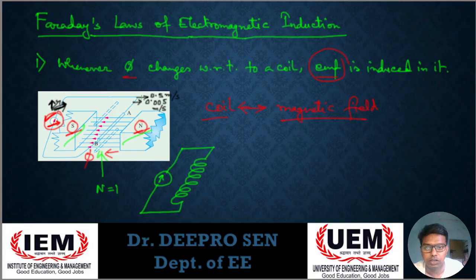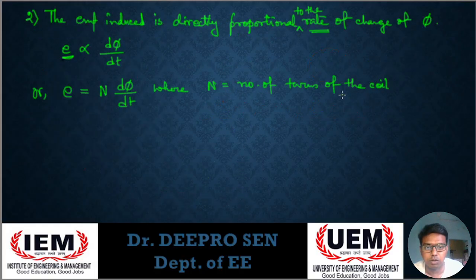That means I'm talking about this part. See, 1, 2, 3, 4, 5, 6, 7. So N is equal to 7 in this case. N is the number of turns of the coil. So based on the number of turns, it becomes the constant of proportionality. So this is the main equation of Faraday's laws of electromagnetic induction.